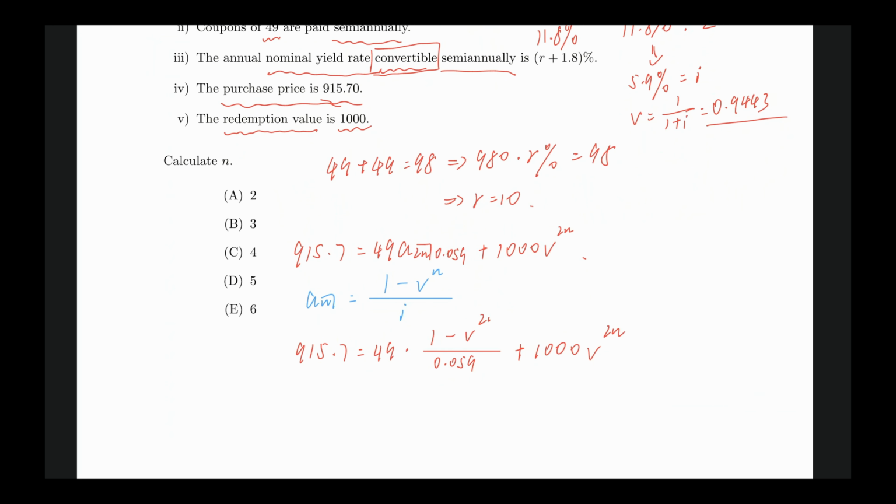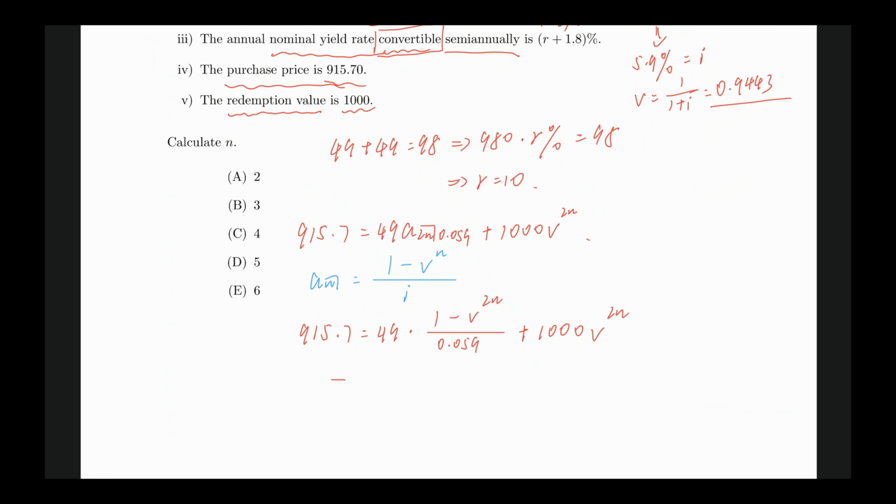It should be 2n because there are exactly 2n payments in here. So both here and here is going to be 2n. Okay, so maybe we can just treat v to the power of 2n as some variable, and simplify this for a bit, and eventually we should be able to get v to the power of 2n equals 0.50263, which is pretty nice.